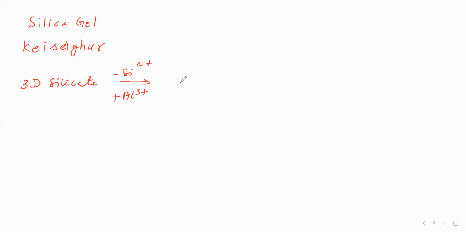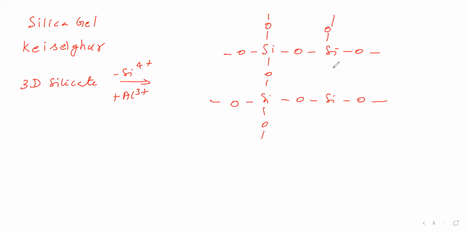First, we'll see three-dimensional silicate. Here, silicon is making a bond with oxygen like this. Each oxygen is making a bond with two silicon atoms. So like this, bonding is there in three-dimensional silicate.